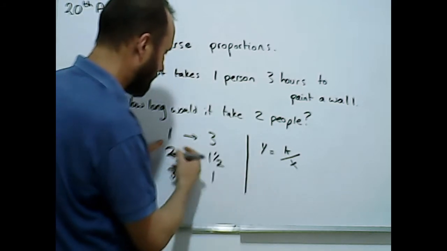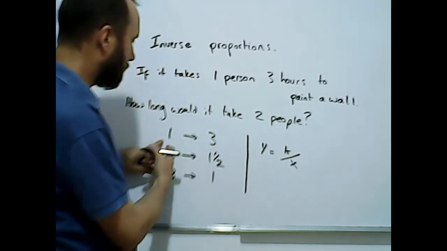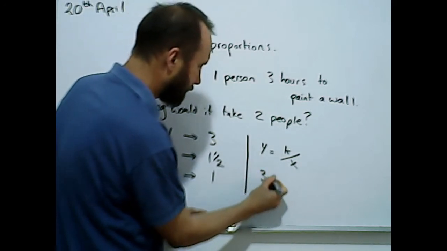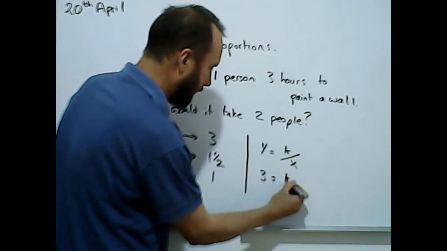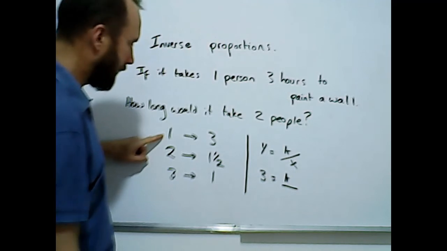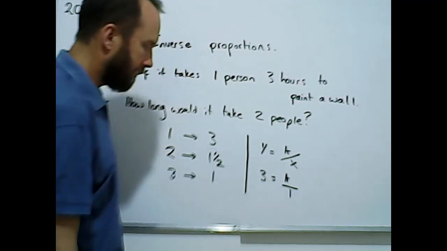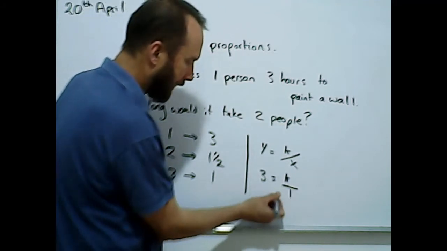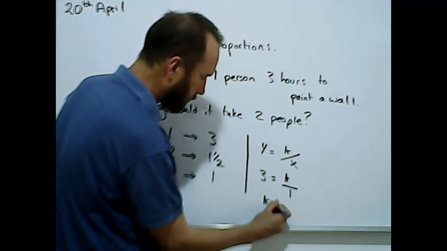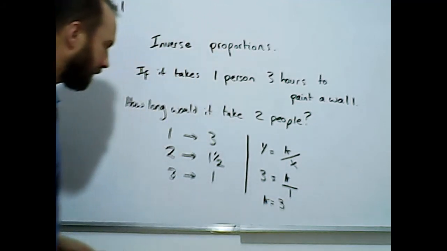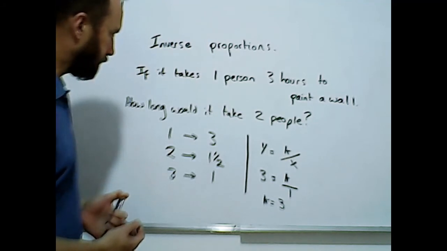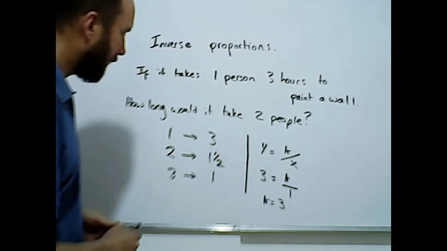If one person takes 3 hours, the time is the y, so we've got 3 equals k over our x value, which is 1. So 3 equals k over 1. We multiply that together, and we've got k equals 3. And again, we can check that just by putting them into the equations.